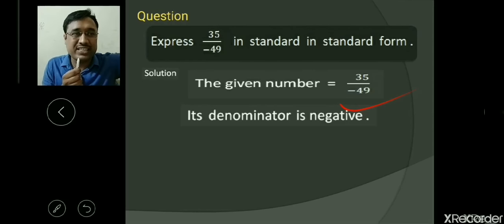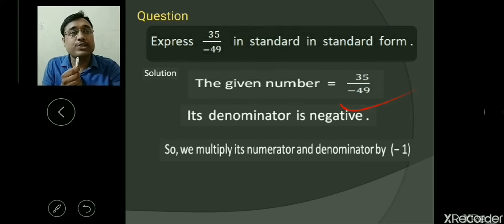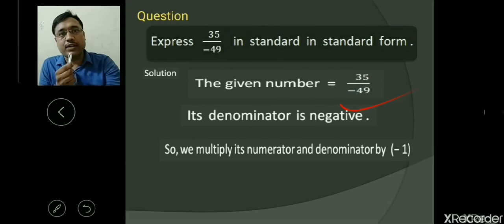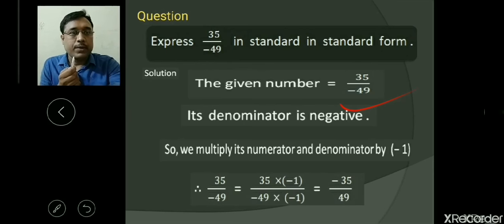So we multiply its numerator and denominator by minus 1 to make it positive. This is also one of the ways to make the denominator positive. Directly sending minus to the numerator place is also okay, but this is also one of the ways you should know. So I am going to multiply its numerator and denominator by minus 1.